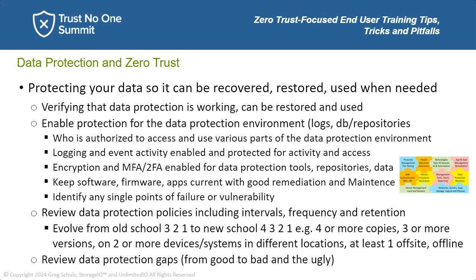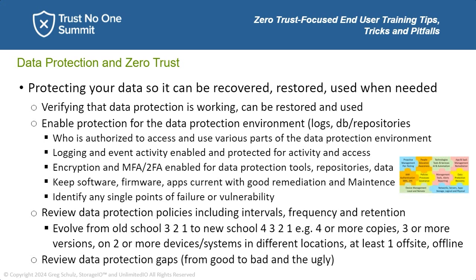You might have 3 copies, but they're all corrupt, i.e. you want to have multiple versions. You want to have multiple versions, but you want to have a copy in case one of them gets deleted or corrupted, okay? But you want them on at least 2 or more different systems or devices or types of mediums, and at least one of them is offline, and that offline could be local on-prem.